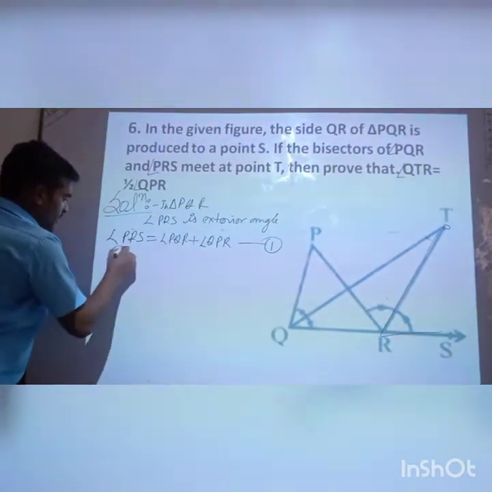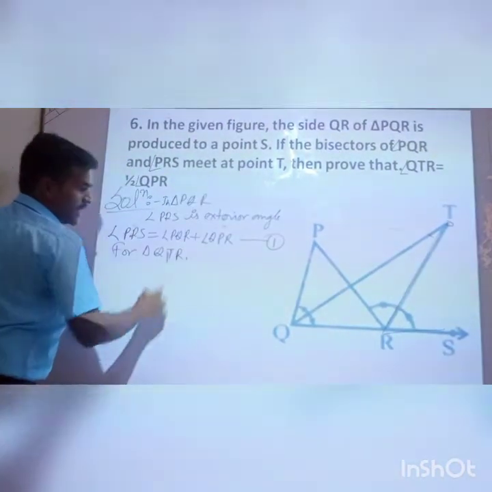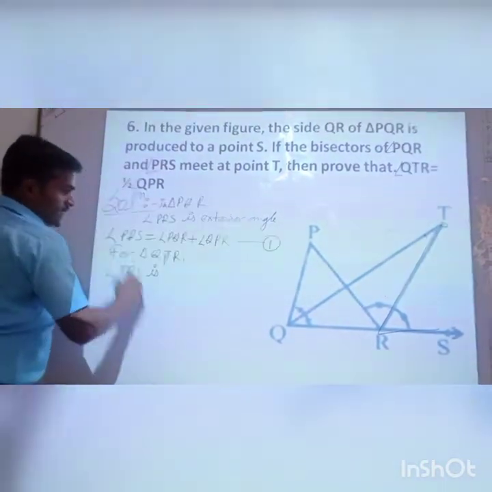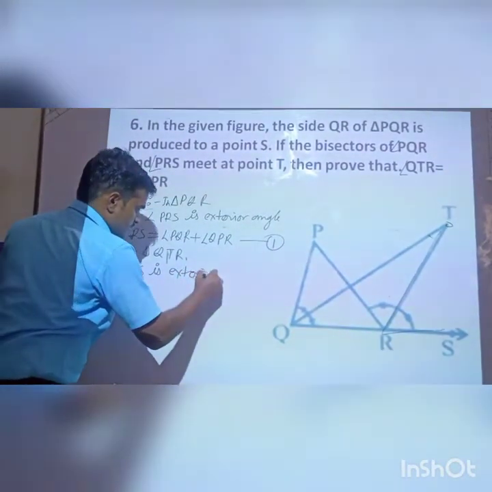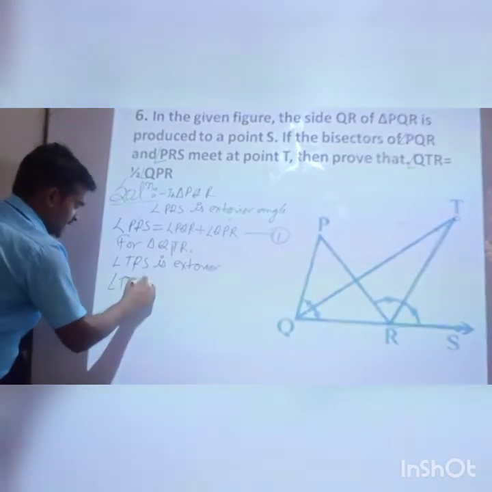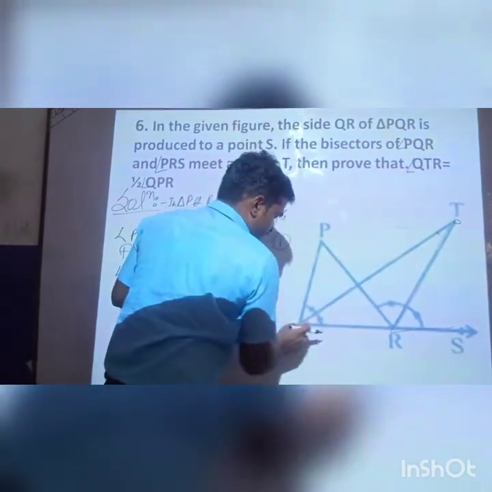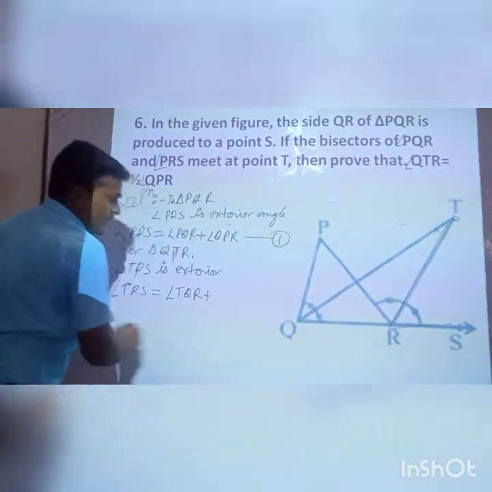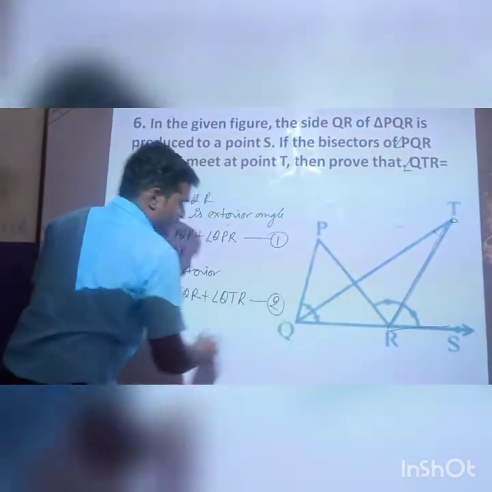So write down: for triangle QTR, angle TRS is exterior. So we apply the theorem and we get angle TRS is equal to angle TQR plus angle QTR. This is equation number 2.